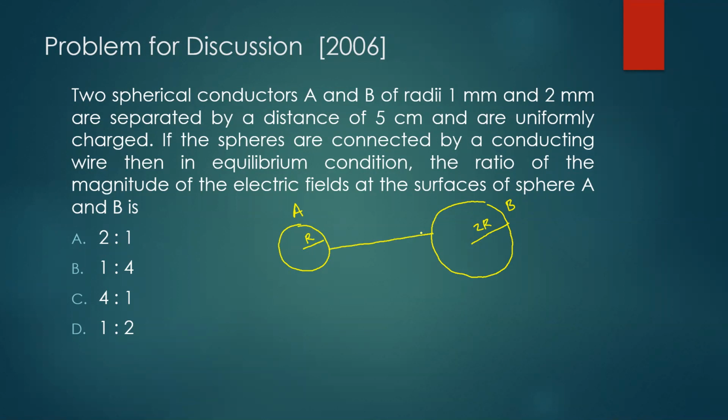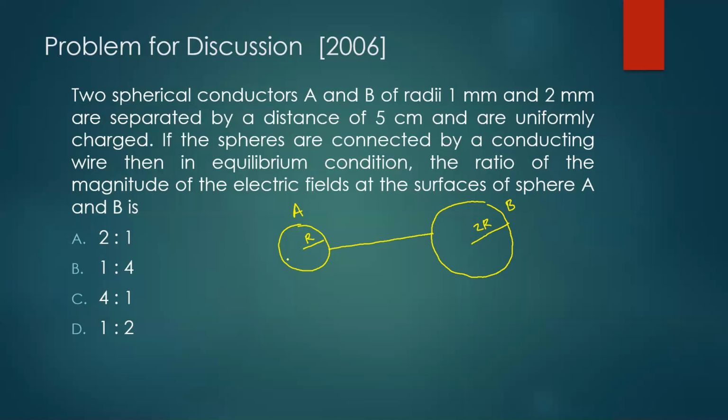Now, whatever charge they have gets divided between them in such a way that the potential is the same. Suppose both the spheres are charged.